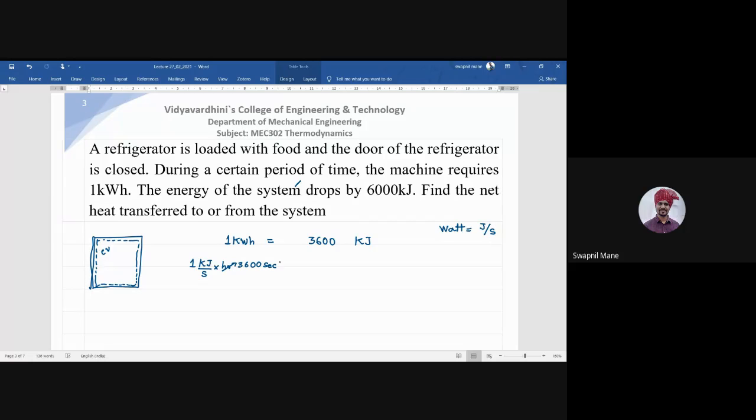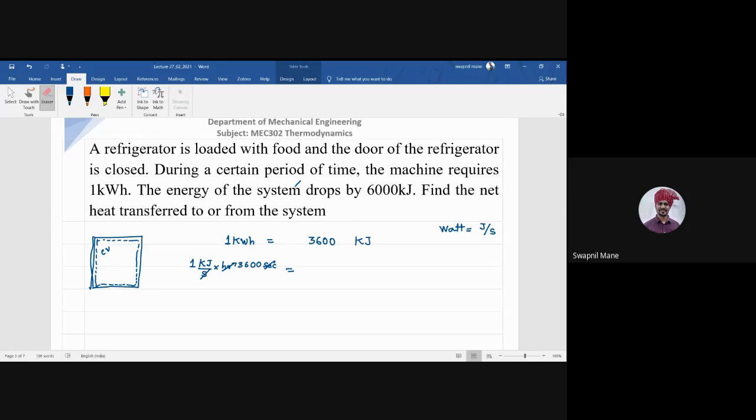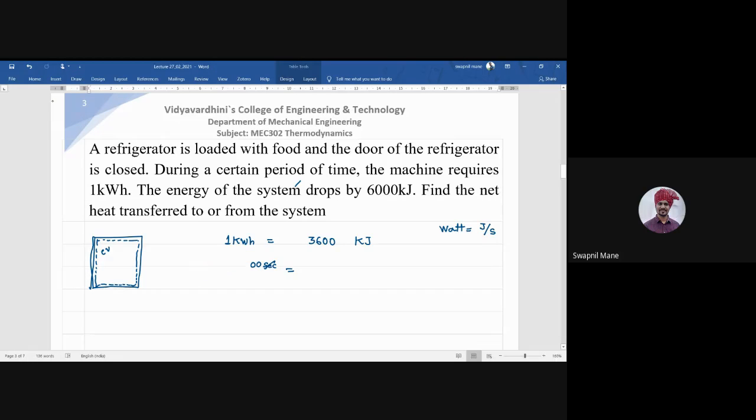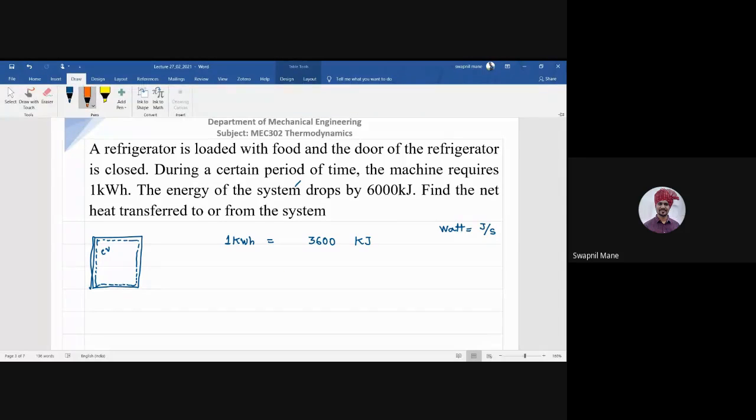So these seconds and this second will get cancelled, and my answer is this. Is it okay? Right. So we got that 1 kilowatt hour is equal to 3600 kilojoules. Now what is the next one?